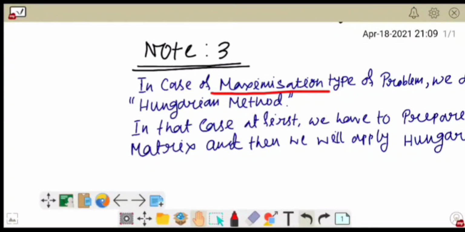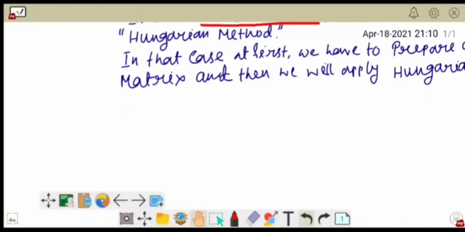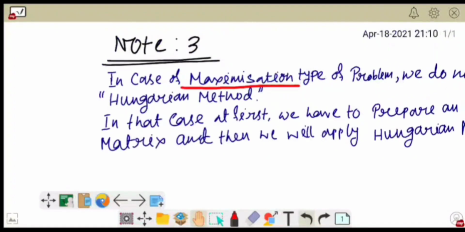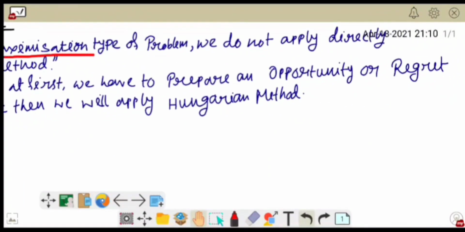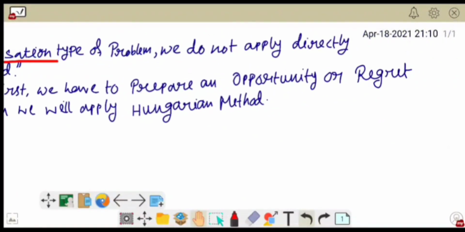Now I will give you some hints on how to identify whether the question is a minimization or maximization type problem. And before that, I will show you how to prepare the opportunity matrix. I have said it in the note. I think I should tell you the opportunity or regret matrix, otherwise you will forget this term.